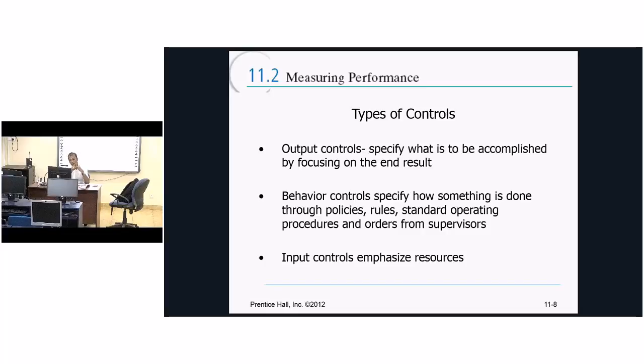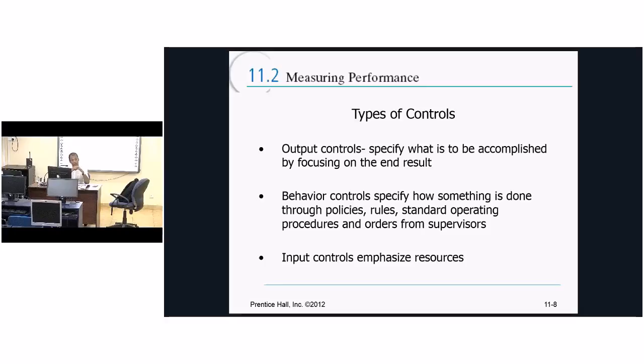Because you cannot measure the output, you measure the input, especially when it comes to knowledge workers. For example, if a university wants to recruit a lecturer, you cannot measure the output control of a lecturer, because unless you get into the system and measure the quality of the delivery, you cannot measure that. So they have input controls.